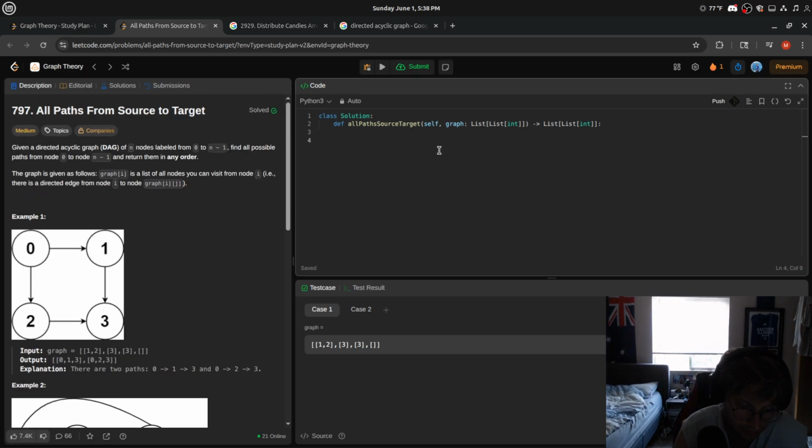So let's just do def adjacency list, passing in edges, right? Nodes, we do for i in range length of edges. We would do, well, graph[i] is equal to this.